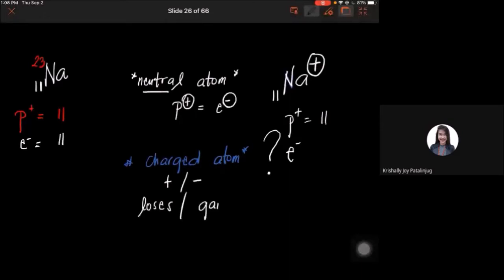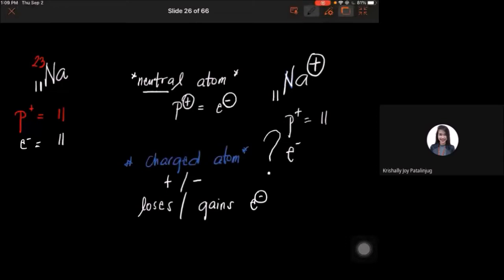I repeat, yung presence of charge in an atom, may it be positive, may it be negative, that is our indicator that yung particular atom na yan loses or gains electron.